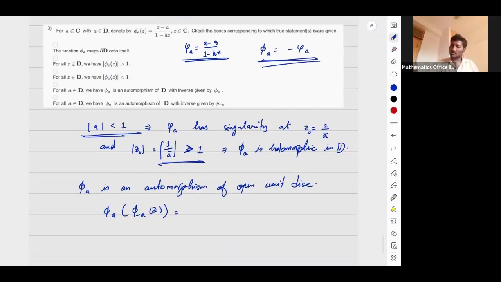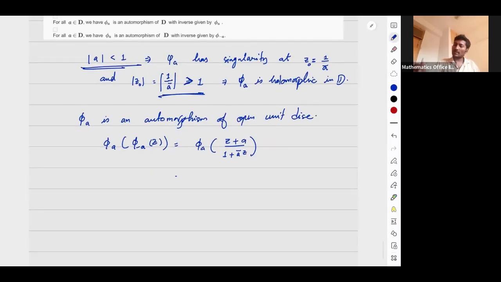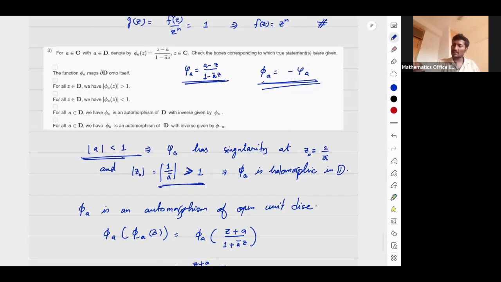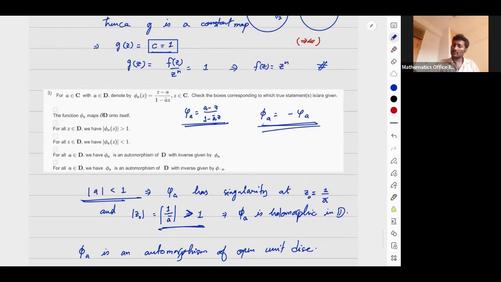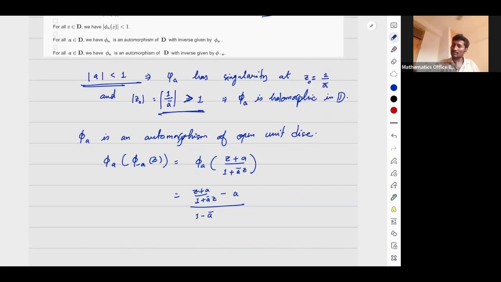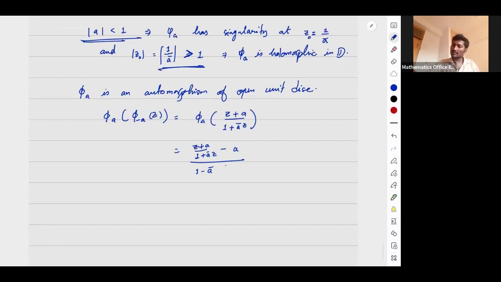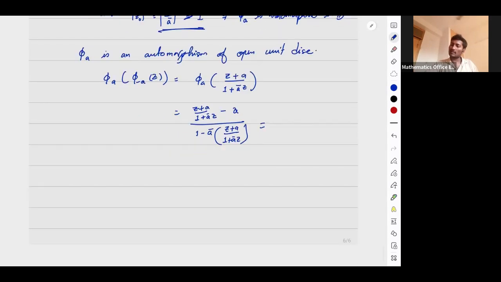In place of Z in phi A, we are going to put minus A, so Z plus A divided by, minus becomes plus, A bar Z. Now phi A of the given value will be Z plus A by 1 plus A bar Z, minus A by 1 minus A bar, and in place of Z we again write Z plus A by 1 plus A bar Z. Now we solve it and see what we get.